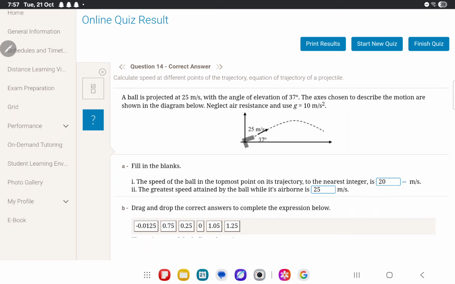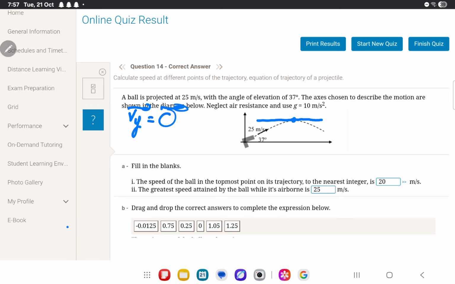Now, the speed of the ball at the topmost position on its trajectory, to the nearest integer. It's a bit confusing. At the topmost point, the slope of the tangent is 0, so there is no vertical velocity, Vy is equal to 0.